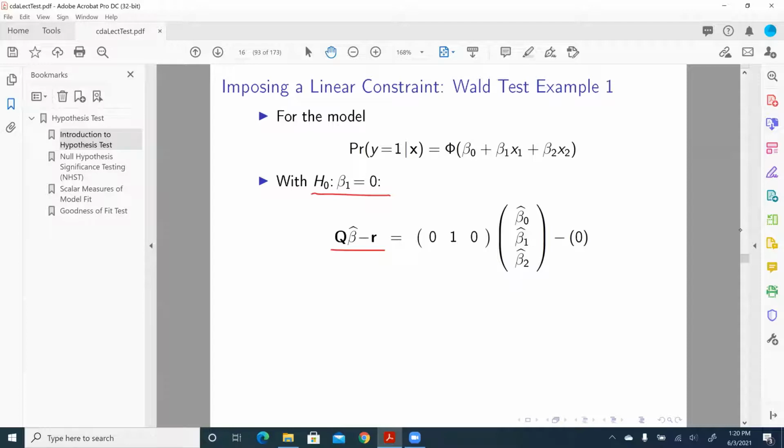Well, it's going to look like that. So this is Q, this is the beta column vector, and this is R, the constraints. Because we assume Qβ̂ equal to R.